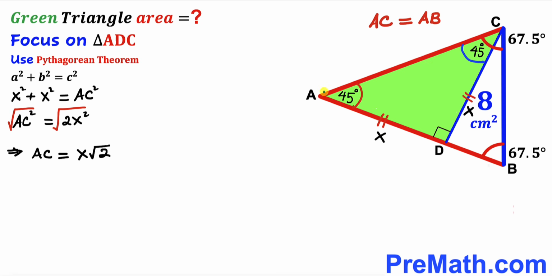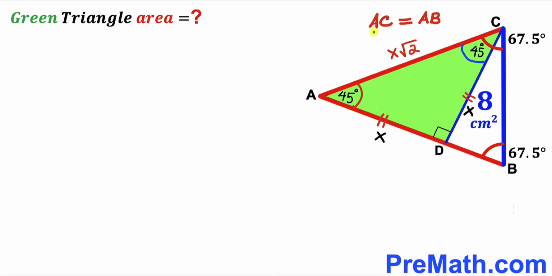And since we know that AC length equals AB side length, we conclude that this whole side AB length has got to be x times the square root of 2 as well.